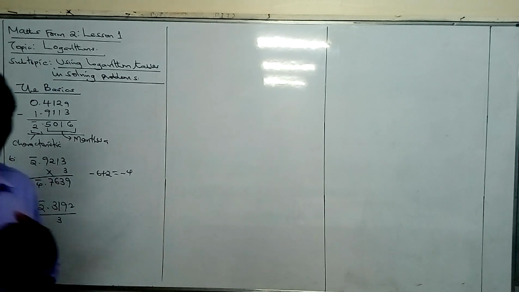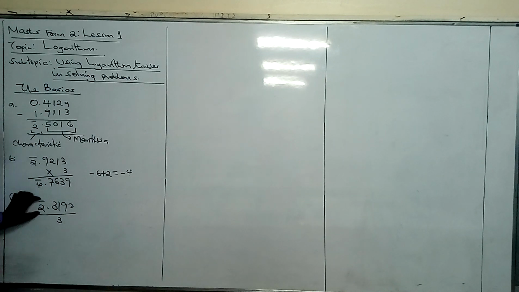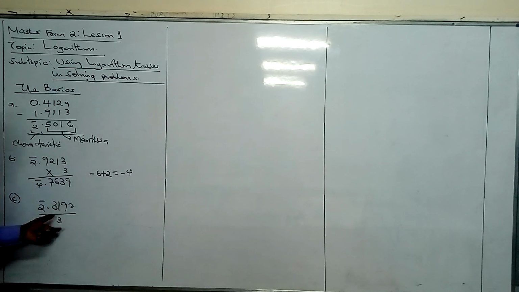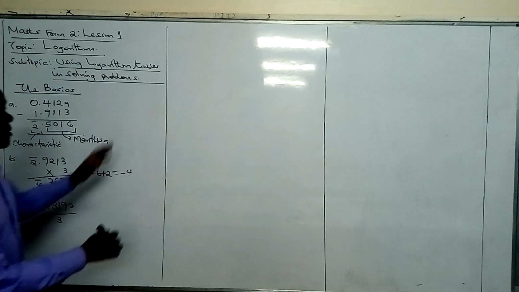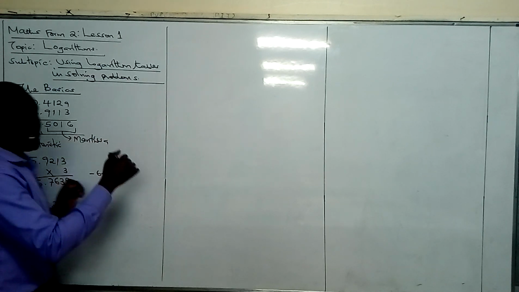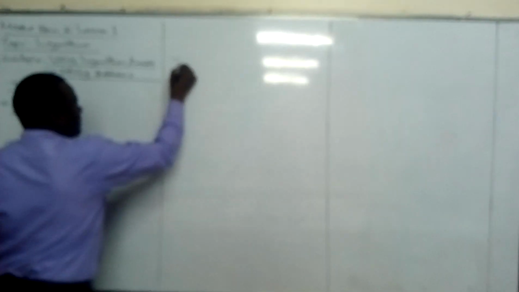I will advise you to change this characteristic to a number that is divisible by 3, because we are dividing by 3. If the number is less than the 3 that you are dividing by, make the characteristic bar 3.